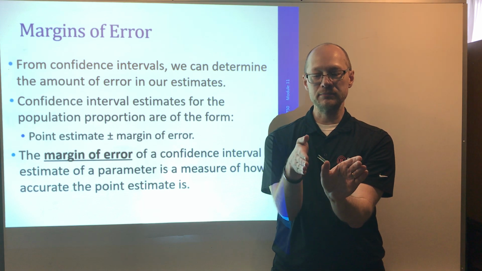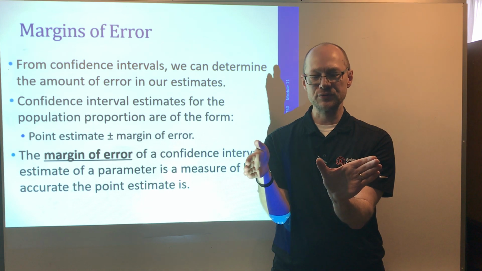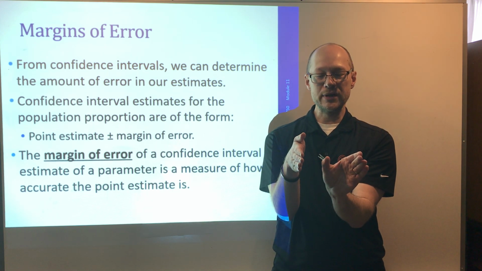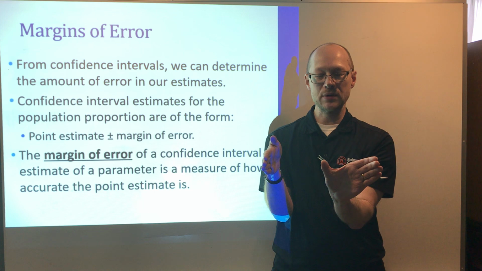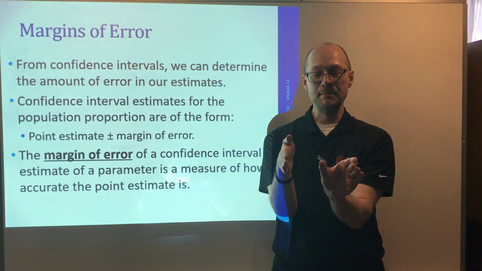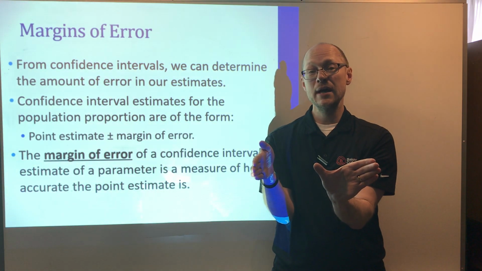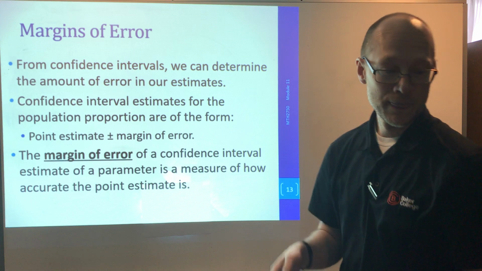So it's like you've seen those surveys with a margin of error plus or minus 3%, right? Well, that means the point estimate is here, add 3%, subtract 3%, and that gives you that confidence interval. And it might be a very narrow thing, it might be a very large thing, and it probably depends on all kinds of different factors.